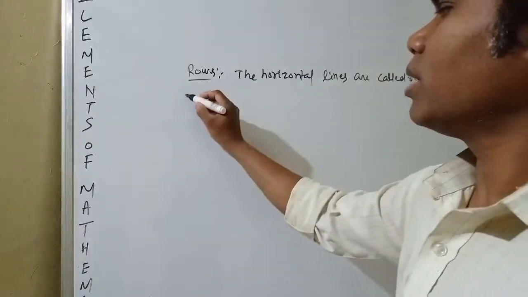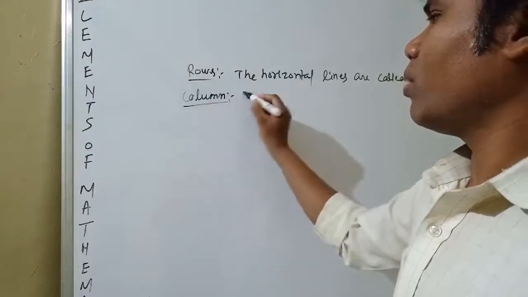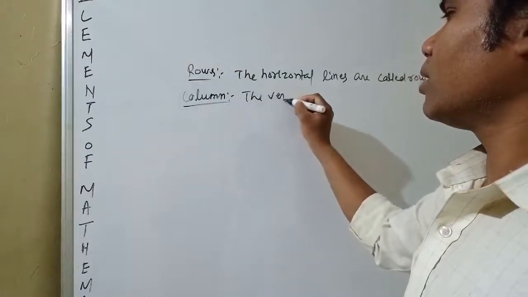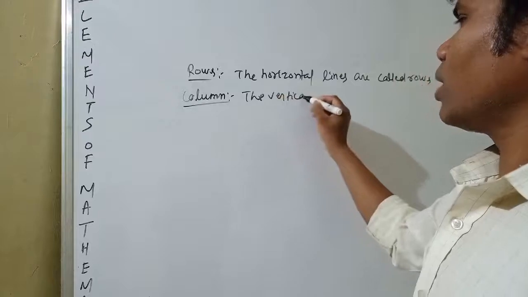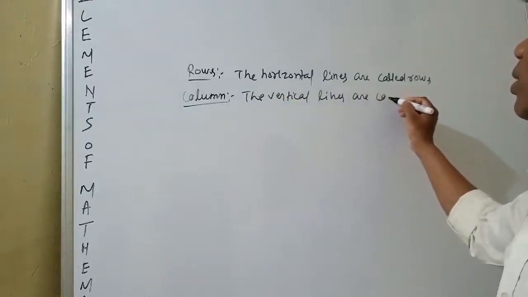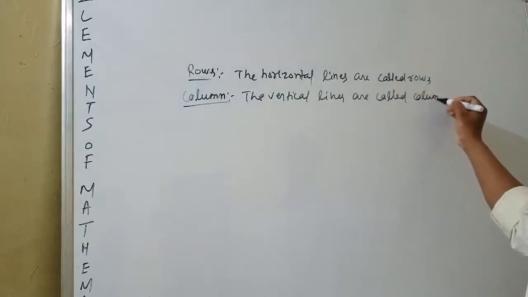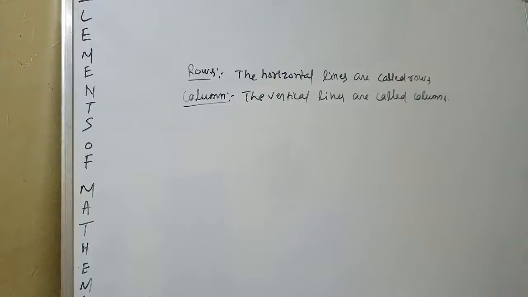And columns: the vertical lines are called columns of the matrix.